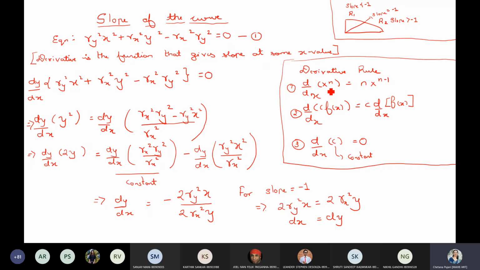Next, if the x you are differentiating is within some function, and here c is a constant, then d by dx of a constant multiplied by a function of x: how can we do the derivative? You can take the constant c outside, and take d by dx of the function.